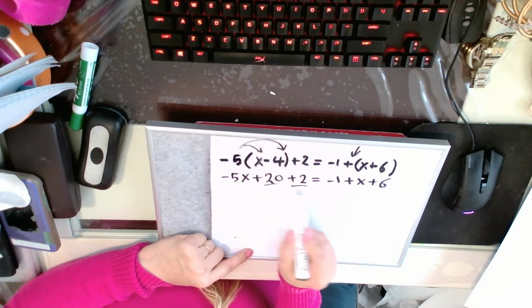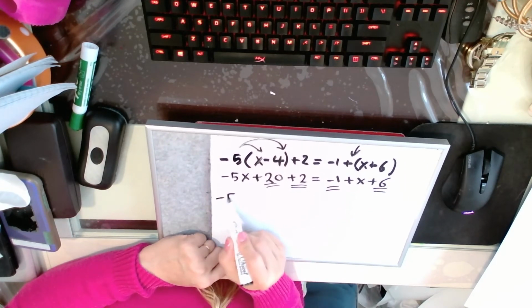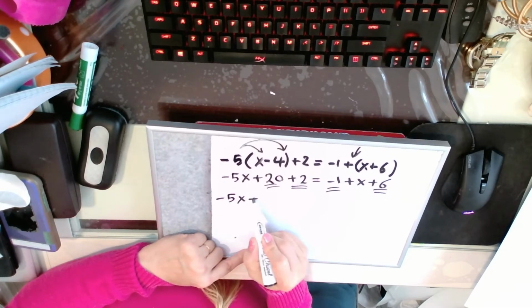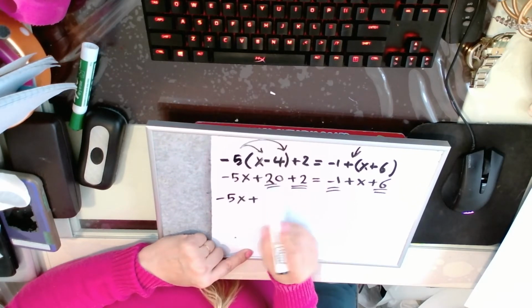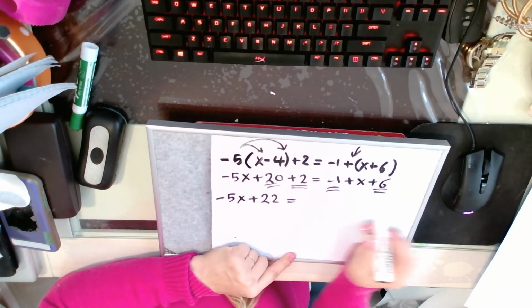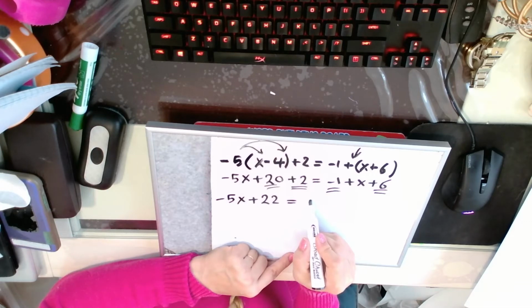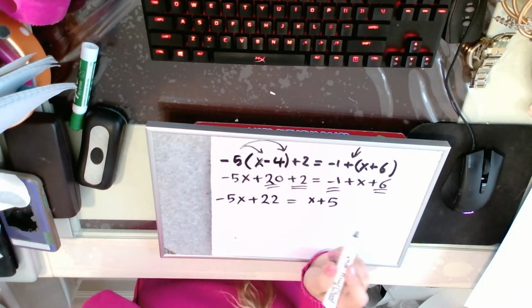Add numbers together. Okay, so 20 plus 2, 22 equals minus 1 plus 6. It's gonna be x plus 5, right?